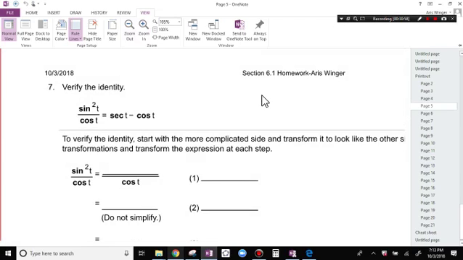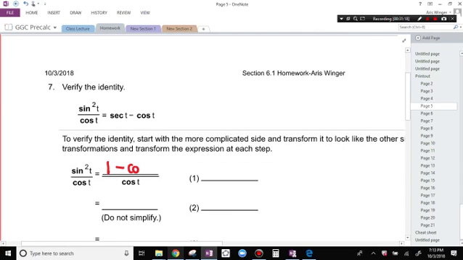So a remark earlier is that it looks like they want us to start on the left. I would have started on the right, but when they want us to start on the left, then we have to conjure a way of turning this one term into two things. The Pythagorean identity does that by turning sine squared into 1 minus cosine squared, which makes at least two things, right? That's because of Pythag.